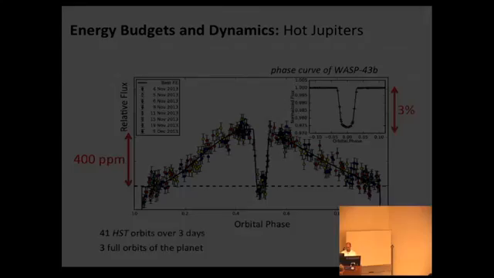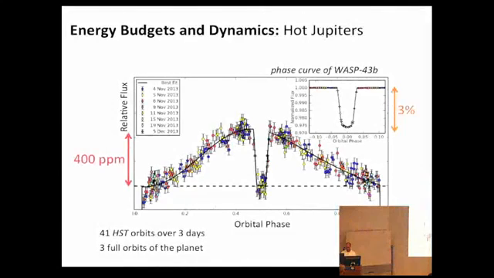Okay, so I'm going to talk about energy budgets and dynamics, and in some of these cases, I'm going to talk about them at the same time, because these are coupled things from an observational standpoint. And so I'm going to start this discussion with WASP-43, this spectroscopic phase curve observation that's been done.